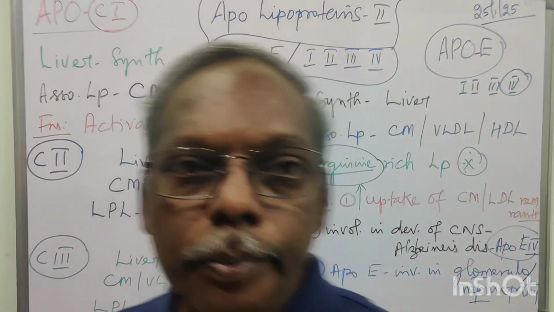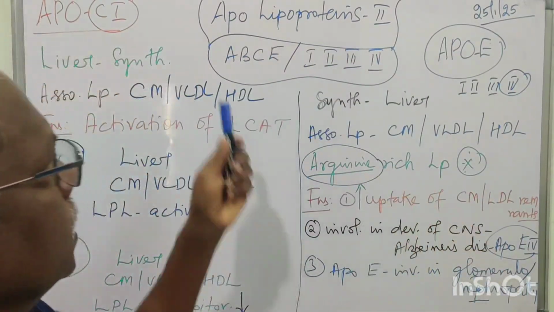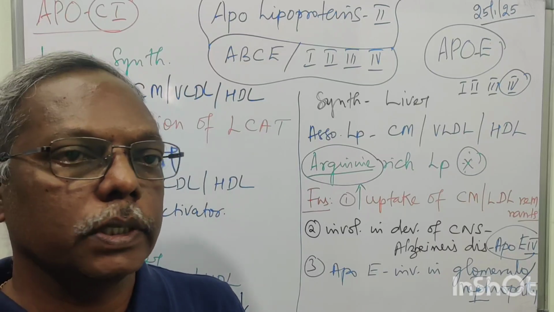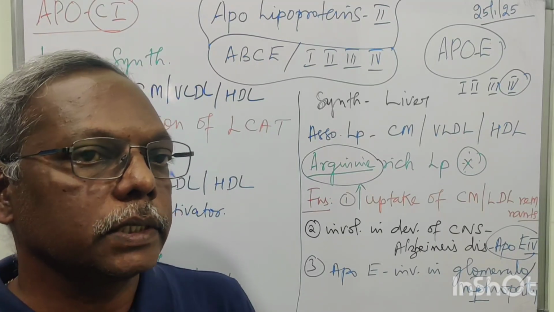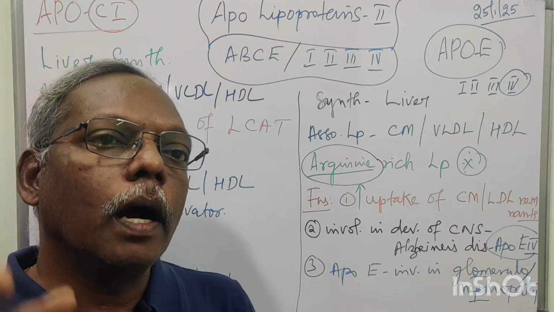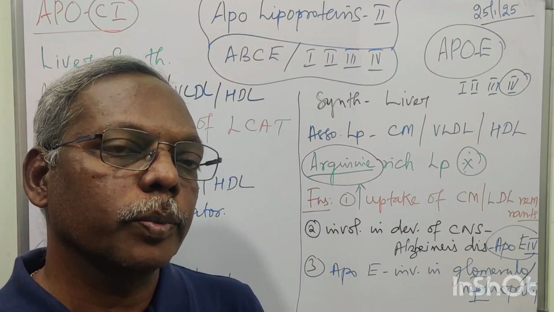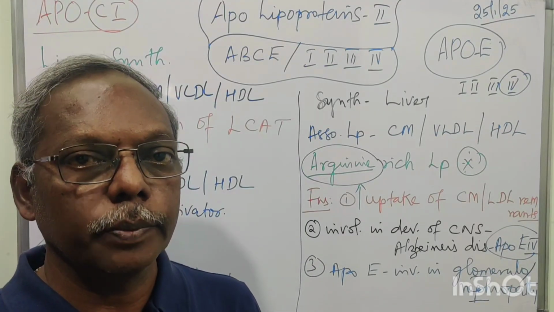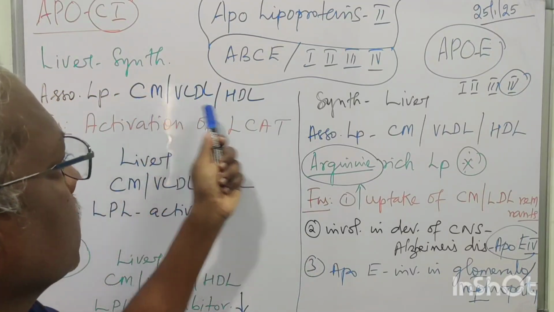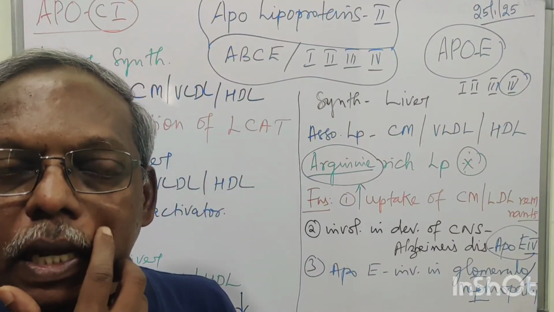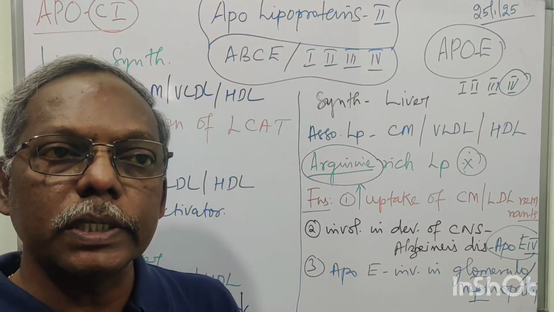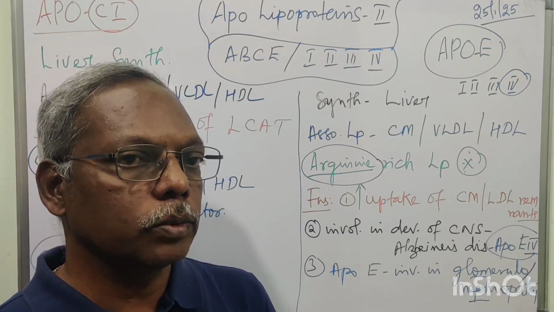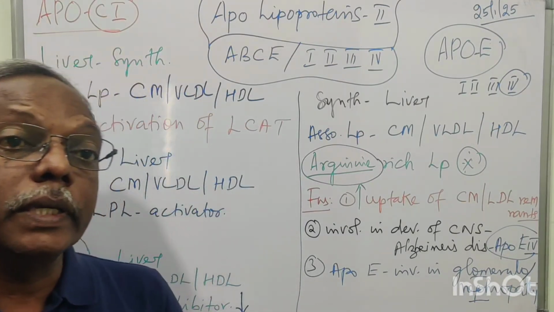Yes, the next type is ApoC. In C we have three types, C1, C2, C3. All three are synthesized from liver. All three associated lipoproteins are chylomicron, VLDL and HDL. That means it is involved in all three types of lipoprotein. Coming to the function, C1 is different, C2 and C3 are different. C1 acts on LCAT, whereas C2 and C3 act on LPL.